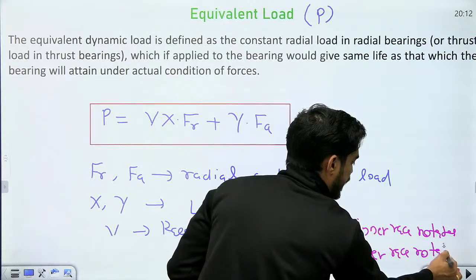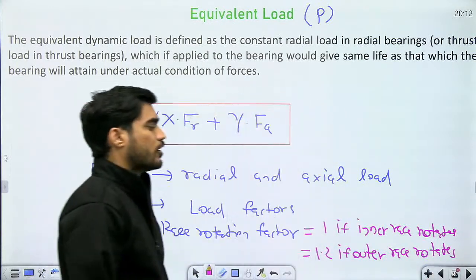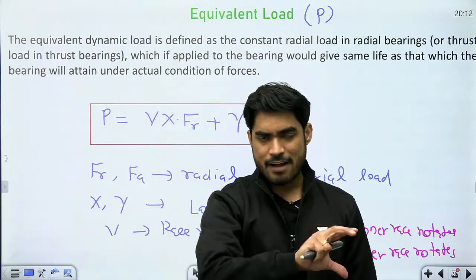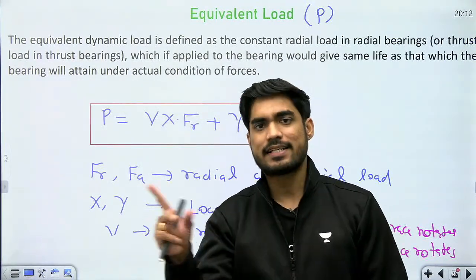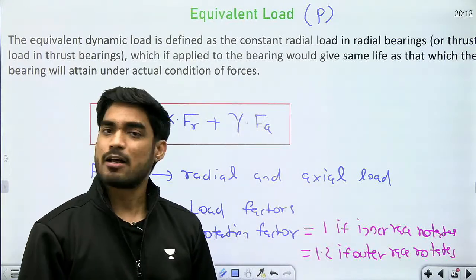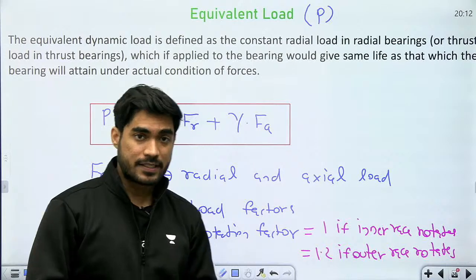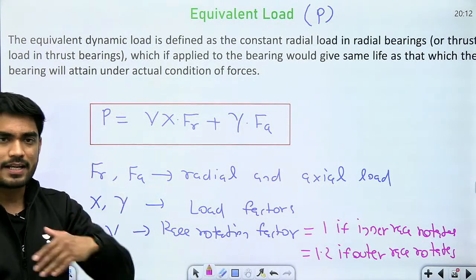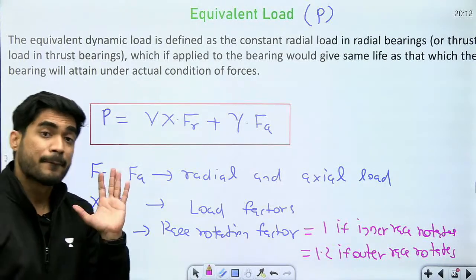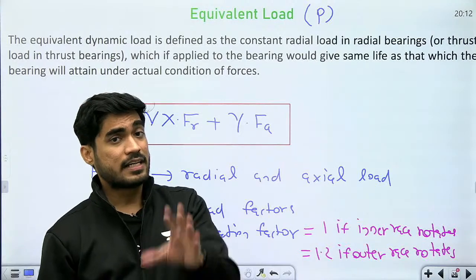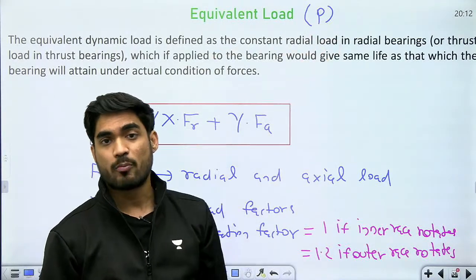See, yesterday I told you that out of inner race and outer race, usually shaft is connected to inner race, so inner race rotates and outer race is connected to the stationary support, right? Usually inner race is connected to the moving element and outer race to the stationary element, but in some cases inner race might be connected to the stationary element and outer race to the moving element.